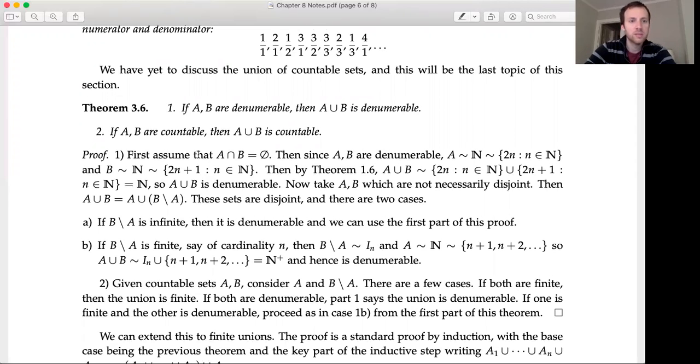A moderately long proof is needed to prove these facts. If you union two denumerable sets, you get a denumerable set. The proof in here is essentially send A to the even numbers, B to the odd numbers, and that is sending A union B into the natural numbers.